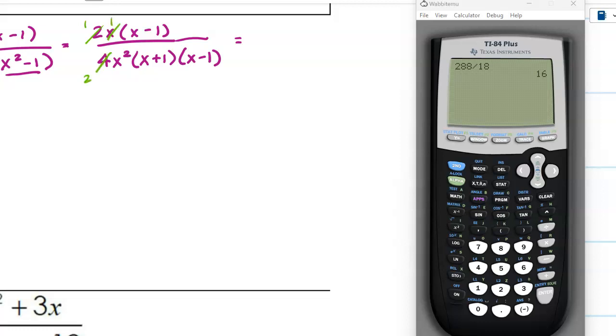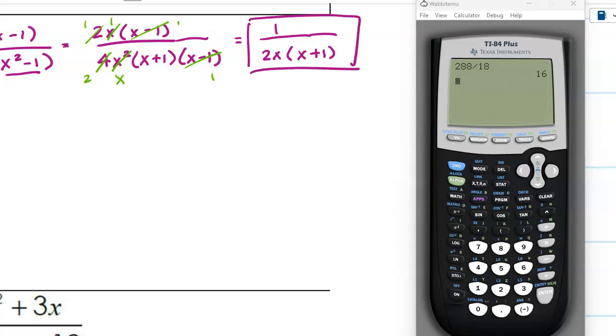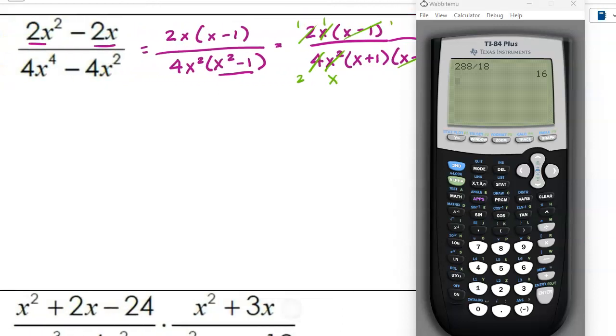And that's going to be a 1 and an x. And that simplifies as 1 and 1. So I end up with a 1 over 2x times x plus 1. There we go. Good job.